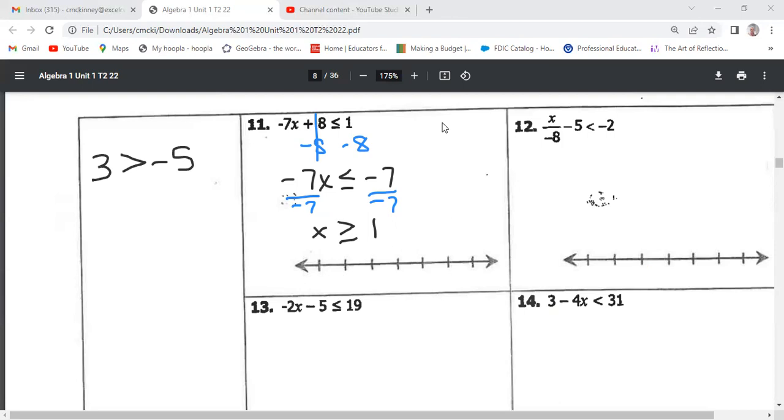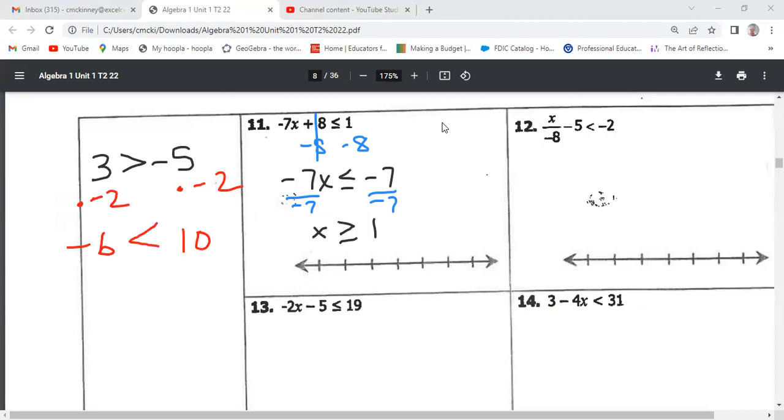But if we multiply both of those numbers times negative 2, now I have negative 6 and positive 10. And if I want to compare those two, my symbol needs to open to the 10, right?